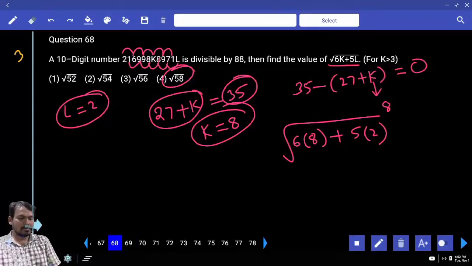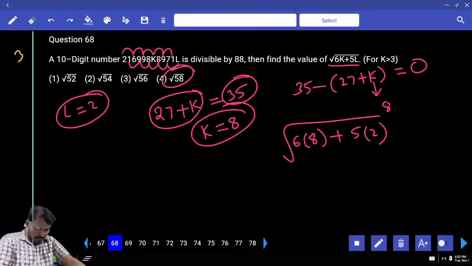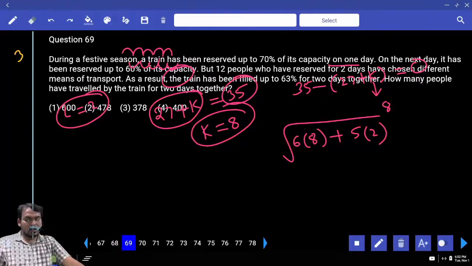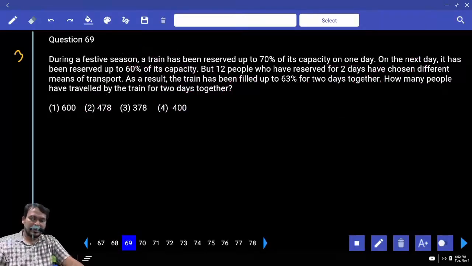Next question number 69. During a festive season, a train has been reserved up to how much? 70% of its capacity on one day. On the next day, it has been reserved up to 60% of its capacity. But 12 people who have reserved for 2 days have chosen different means of transport.